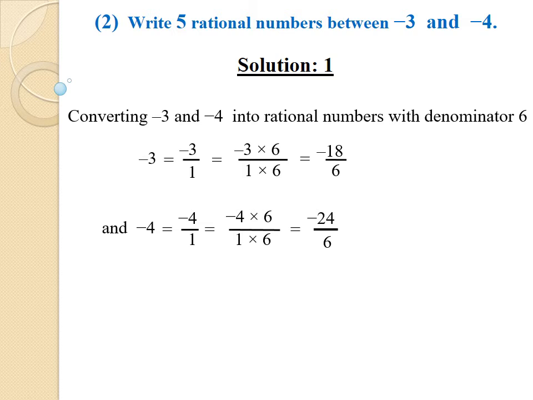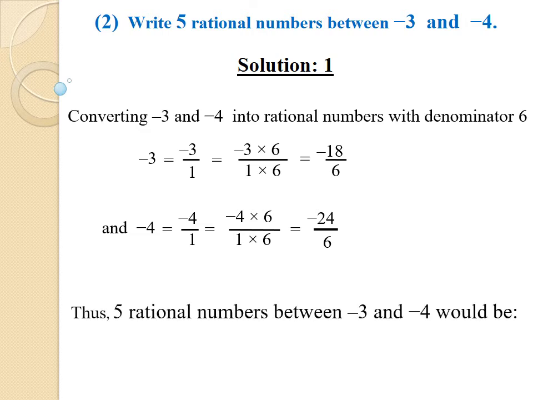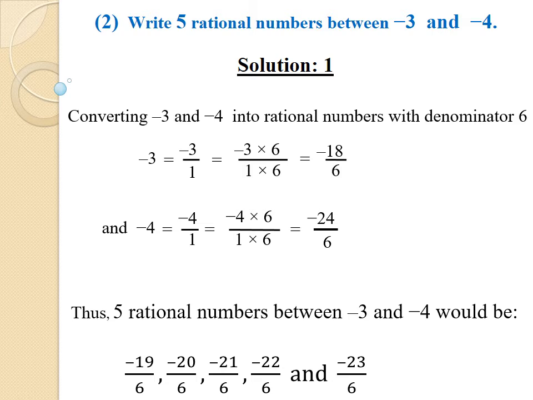They are -19 upon 6, -20 upon 6, -21 upon 6, -22 upon 6, and -23 upon 6. Thus, 5 rational numbers between -3 and -4 would be -19 upon 6, -20 upon 6, -21 upon 6, -22 upon 6, and -23 upon 6.